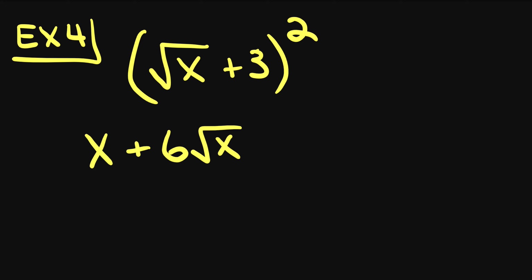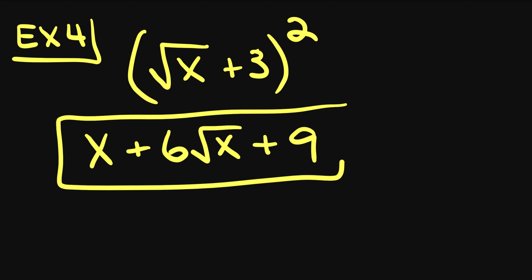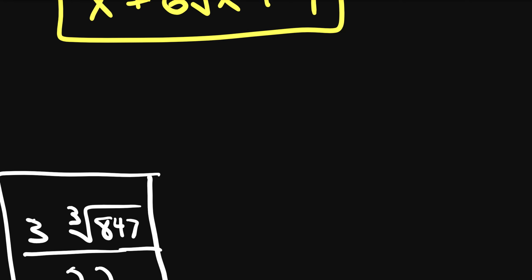And now to finish it up, I'll have the 3 that I'm going to square, and that'll give me 9. Now you say, can I combine anything here? No, I'm done. Square the first term, multiply the 3 terms that you see, and then square the last term. And then you're done.